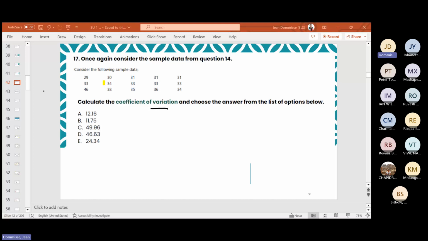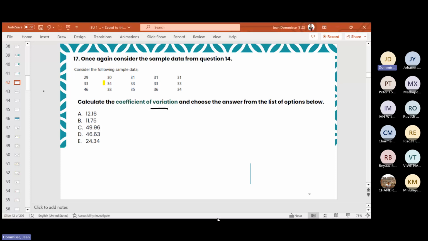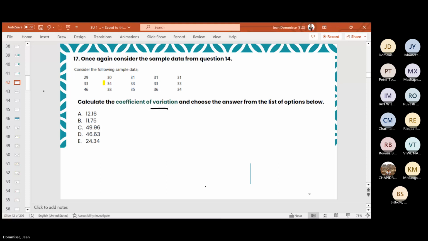If you don't, that is one of the things that we don't really work with a lot. So coefficient of variation is equal to standard deviation divided by the mean. Again, not that we use it a lot.